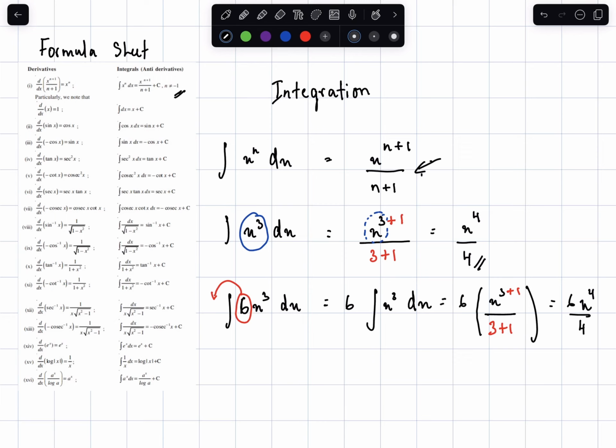Now if you want to reduce it down to the smallest value, divide by 2 in the numerator and denominator, or cancel if you're familiar with that. So this is 3 and this is 2. So it would be 3 by 2 times x raised to the power 4. Correct? How simple was that?